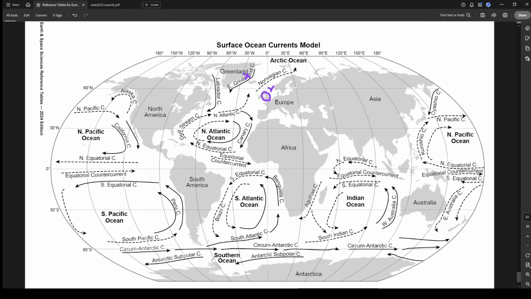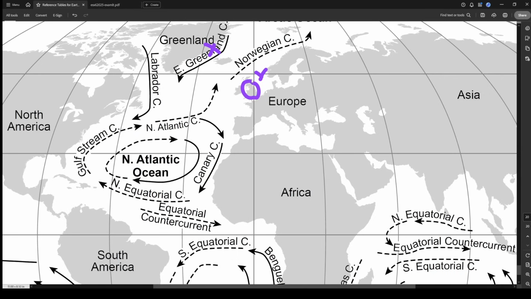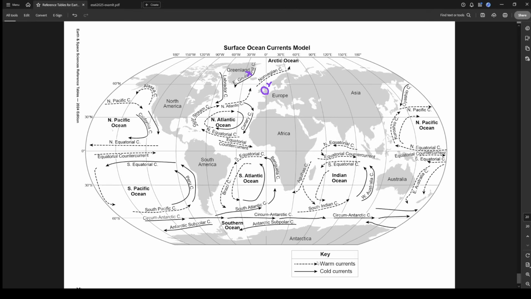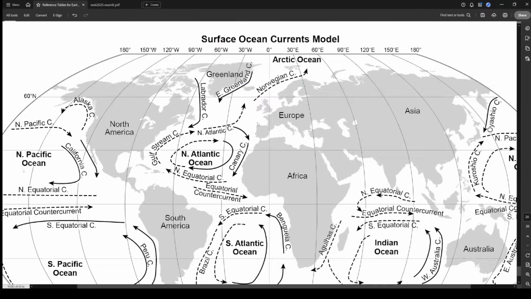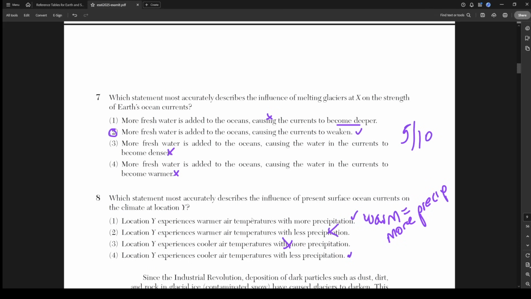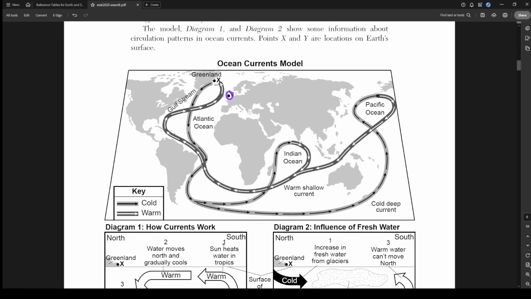Now, if we go to that spot, you could see in location Y, it's got this moving past it. The dashes on this, which is a warm current. So this is going to be warmer air, I mean, warmer water there too, which is going to influence the climate of the area. So I'm going to go with warm. Is there anything on this chart to help? Yeah, see, it tells you there it's warm.